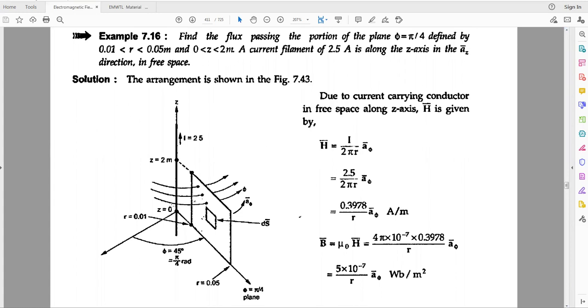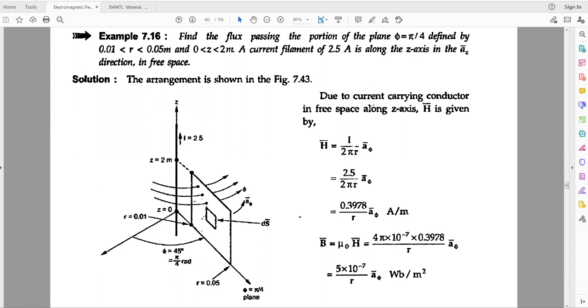R is in the range here, the value is 0.01 and 0.05, and Z is equal to 0 to 2 meters. It is the same example we did in the previous video, but the plane is tilted with an angle of phi equal to 45 degrees.